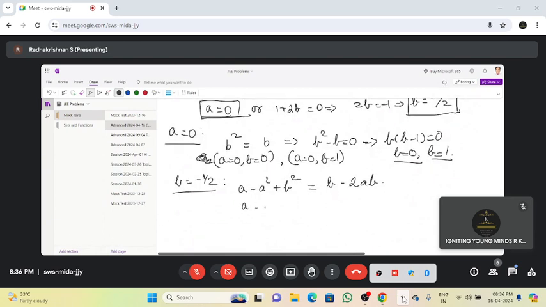Means a minus a square plus minus half whole square, 1 by 4, equal to b, minus half.